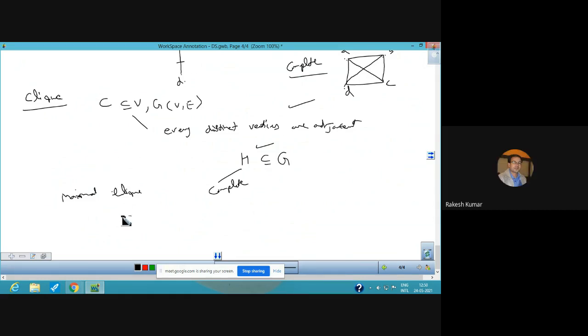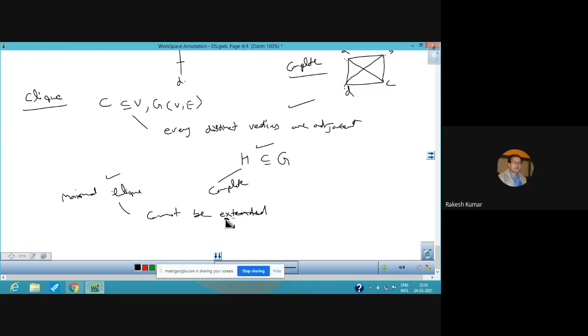जो हमने क्लिक ले. So a maximal clique is a clique that cannot be extended. इसको further हम बढ़ा नहीं सकते. Cannot be extended by including one more adjacent vertex.